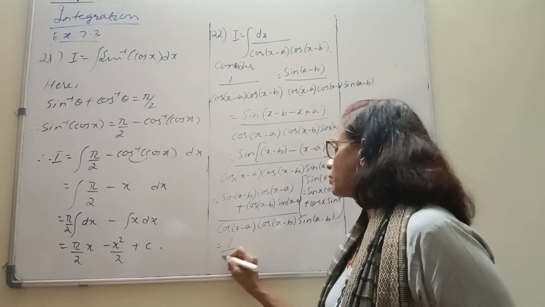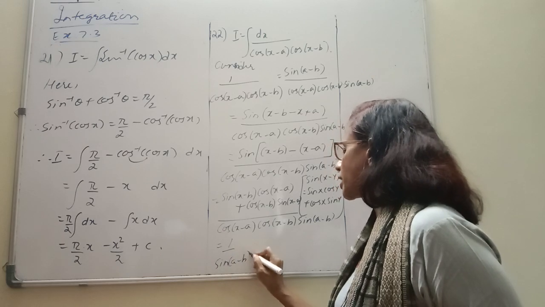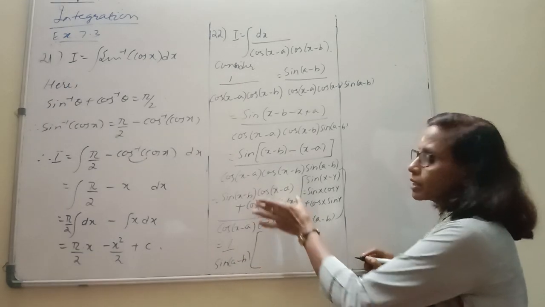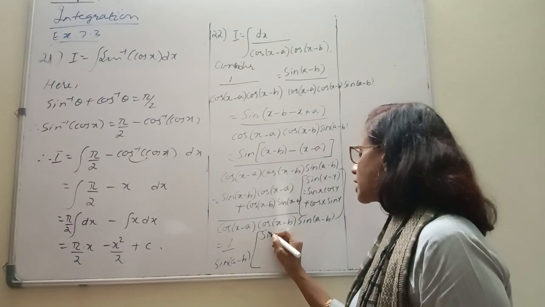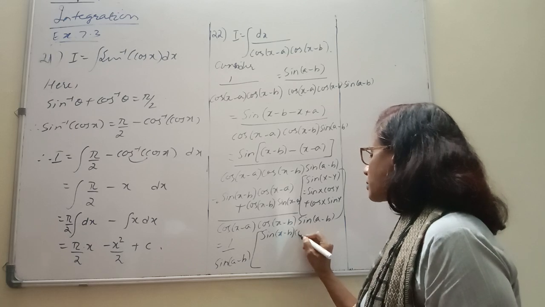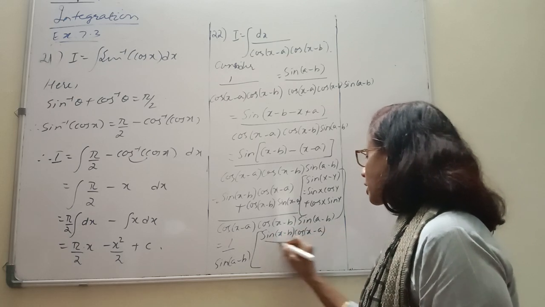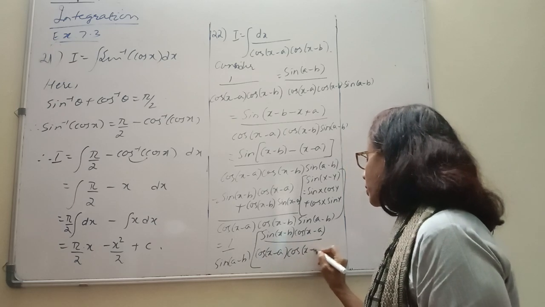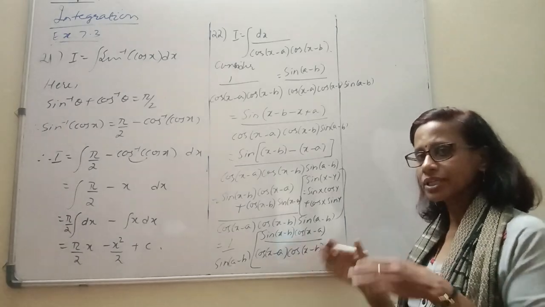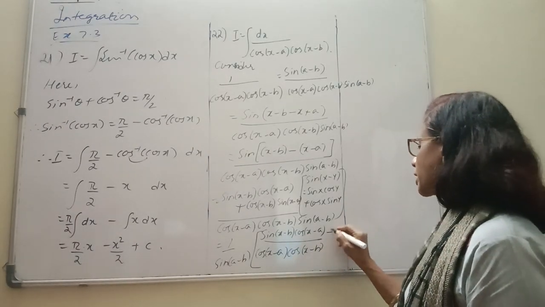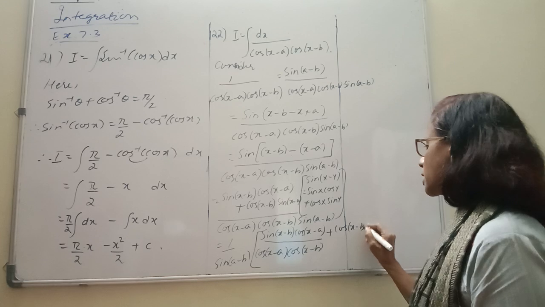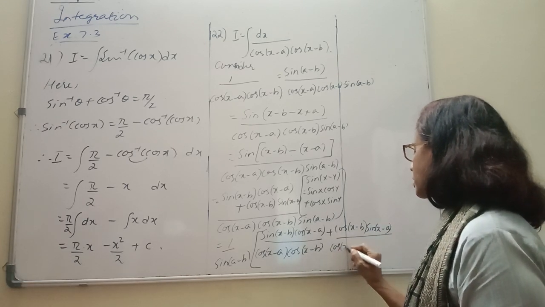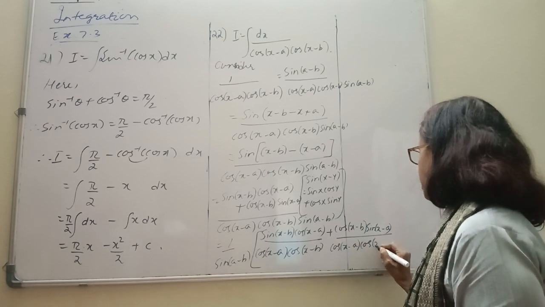You can take 1 over sin a minus b outside, because it's a constant. So we are left with these two terms: sin of x minus b times cos of x minus a, with the denominator cos x minus a cos x minus b, and for the next term, cos of x minus b sin of x minus a over the same denominator. Why do we do this?